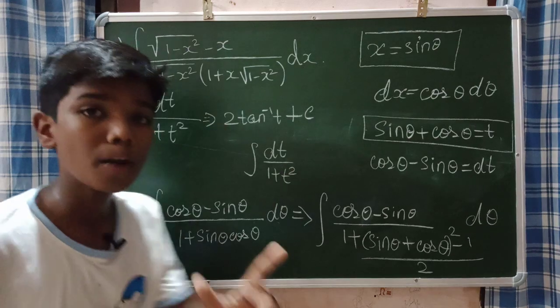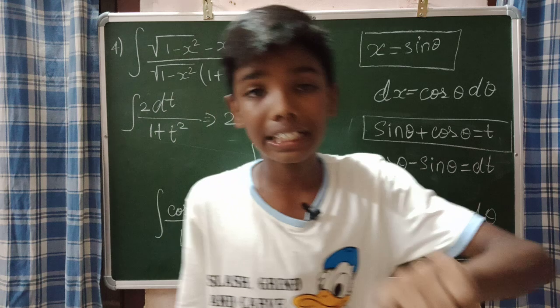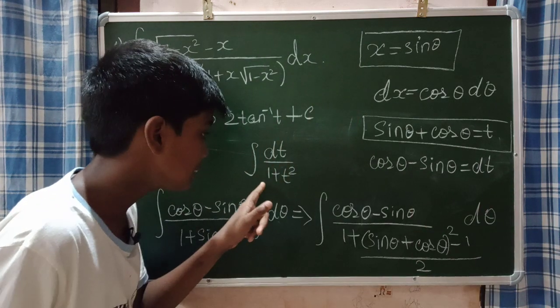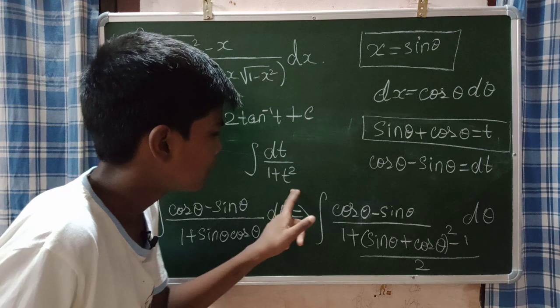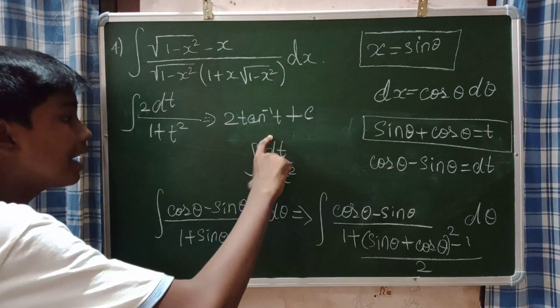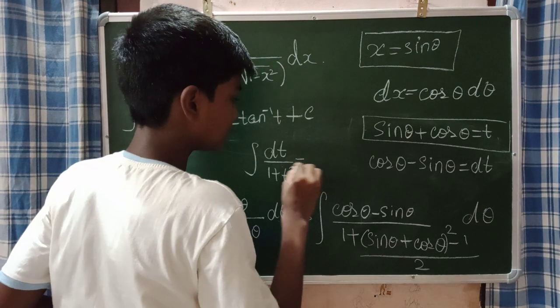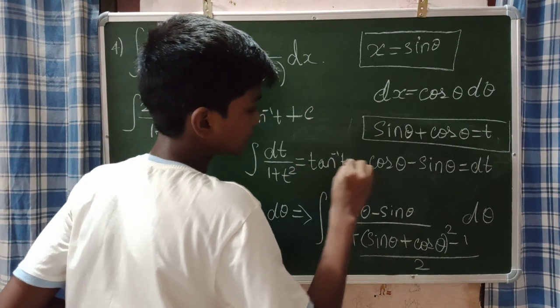I will take the 2 afterwards. Using the formula of integration of dx divided by a square plus x square, this 1 is the a square, so a is 1, and x square is t square. So I can write this as tan inverse of t plus some constant.